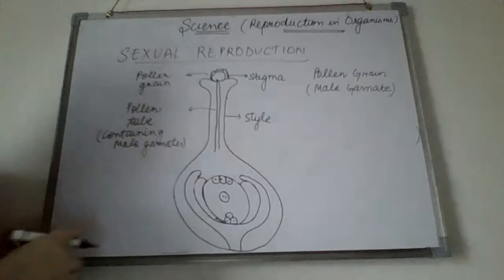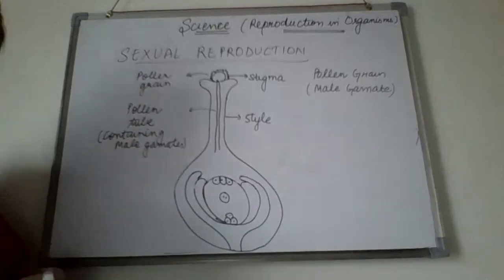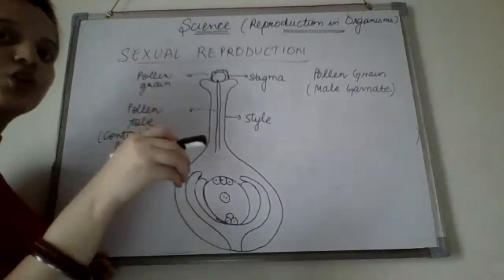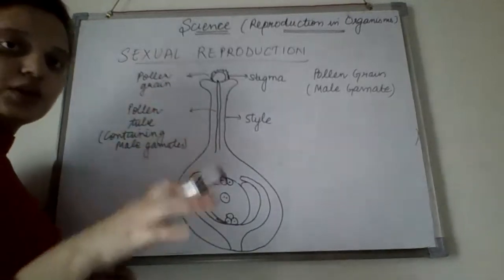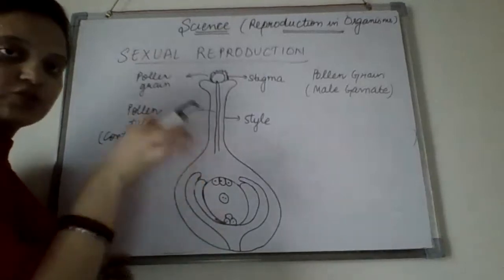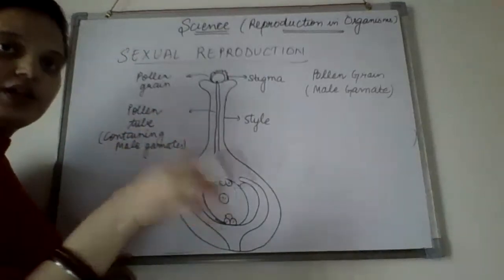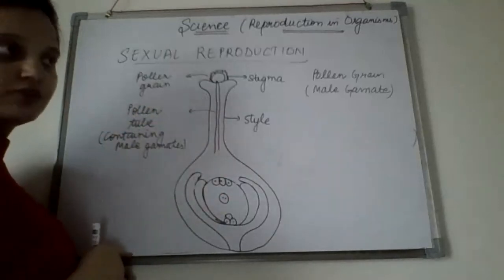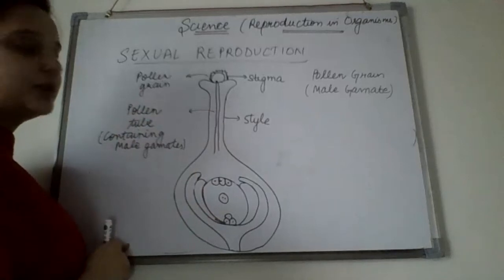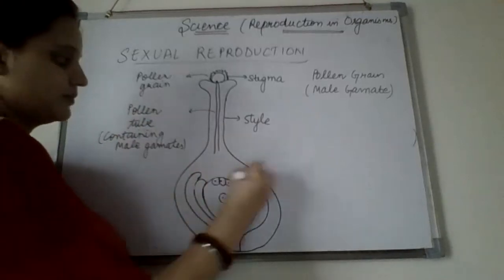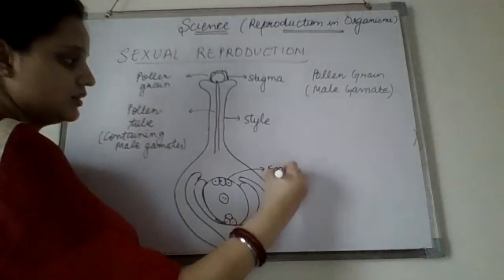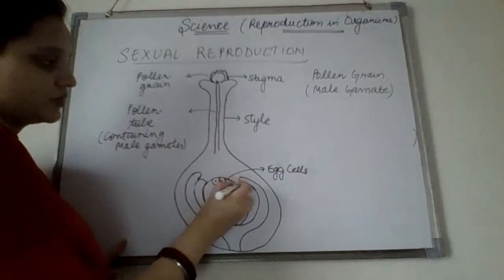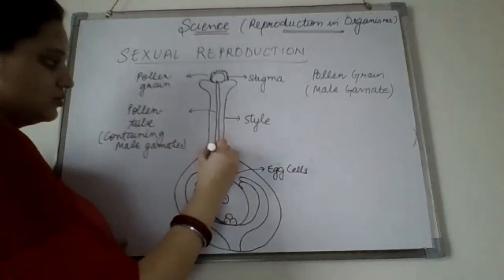This tube will penetrate into the ovary and, through a small opening, it will enter the ovule, where the ovules will be containing the egg cells. These are the egg cells that are present in the ovule, right? So let me show you.